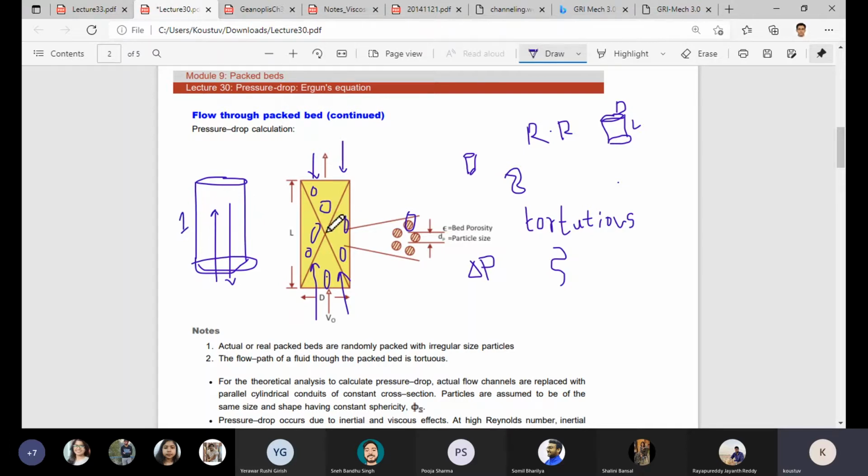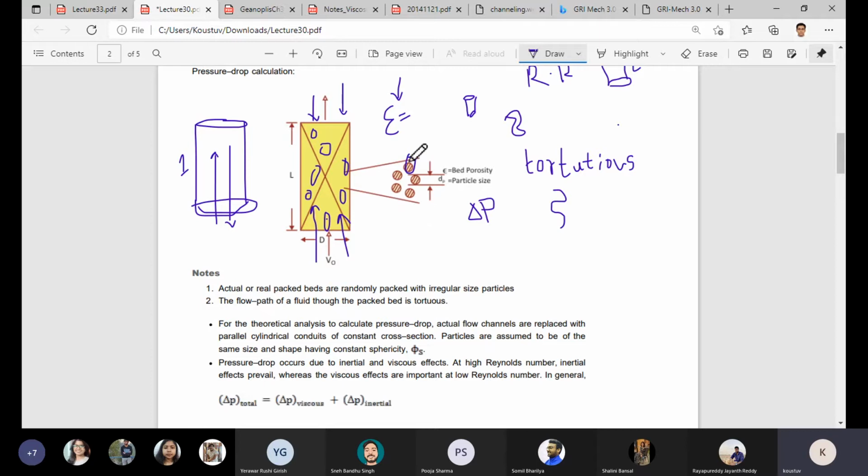But in case of packing, when it is inside the packed bed, the epsilon factor, that is the volume of void divided by the volume of solids plus volume of void, that means the total volume of the tower, becomes very different. Depending on the packing type or material, epsilon can vary from 0.4 to 0.6. So that is another important consideration.